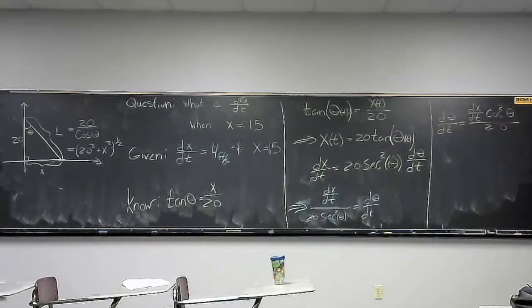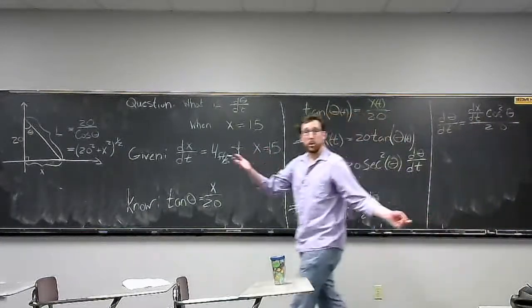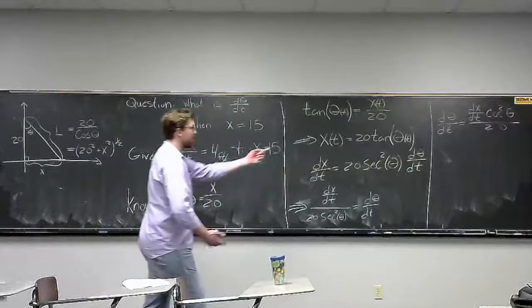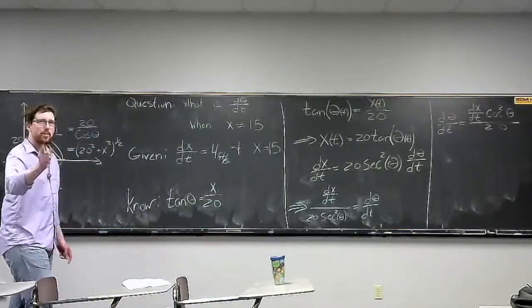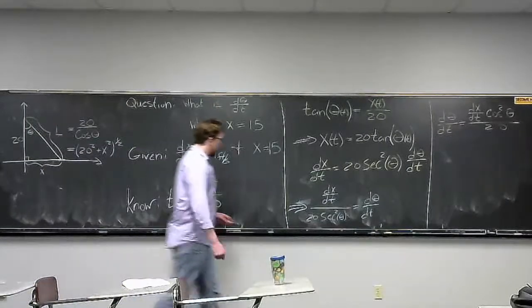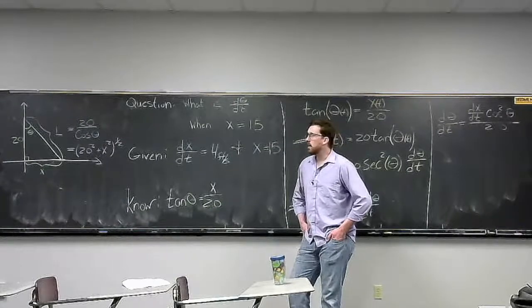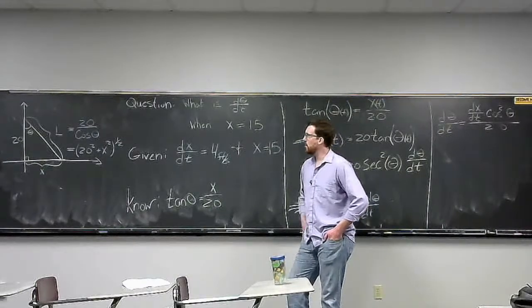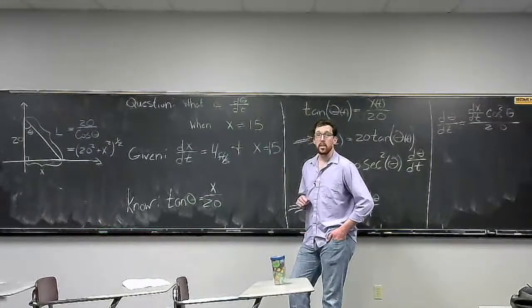Okay. What? How does that help? Like, we don't know what cosine of theta is, let alone what cosine squared of theta is. But we do. Let's look back at what I wrote over here. Coming back to that hypotenuse, we know the length of the hypotenuse is equal to 20 over cosine of theta.